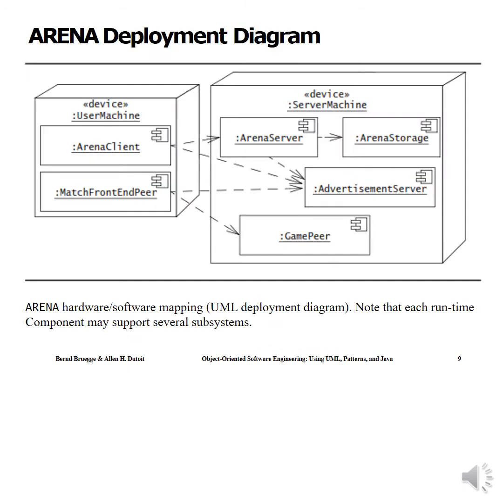Another example of hardware software mapping is shown by the UML deployment diagram of the Arena case study. Arena has two types of nodes: the user machine, which provides a user interface, and a server machine to run the application logic and storage to provide the Arena services.